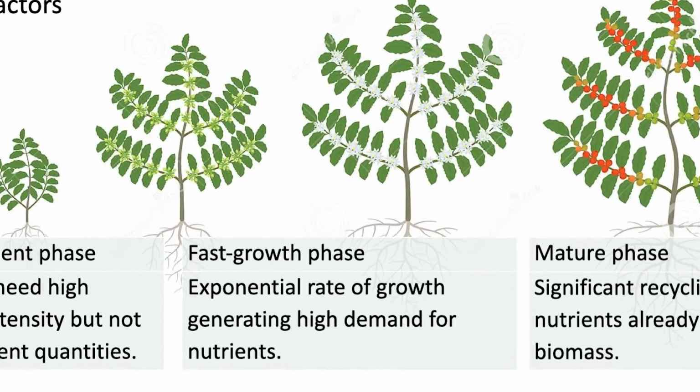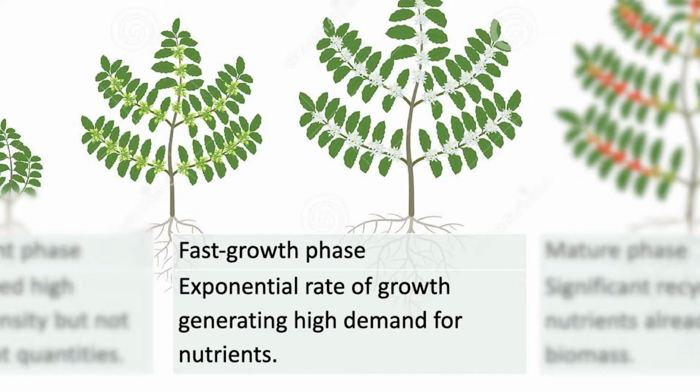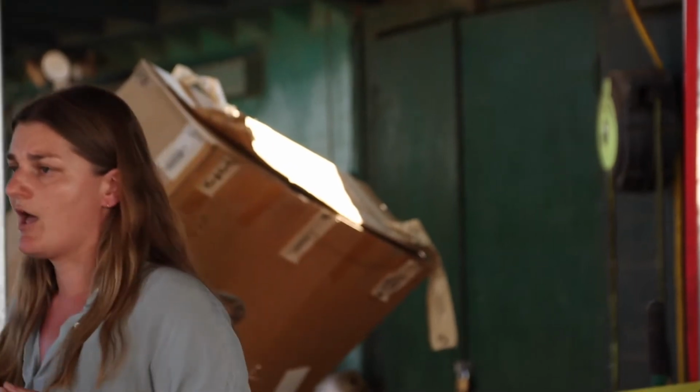And then for the fast growth phase, the trees are getting bigger, so we have exponential growth, and this generates a high demand for nutrients. We're thinking more in terms of supply. We need to make sure we have enough nutrients available to meet the demand from the tree. What's important here is that we're fertilizing not just for what we may think of as fruit production, but for the branches, the leaves, the root system, the trunk.